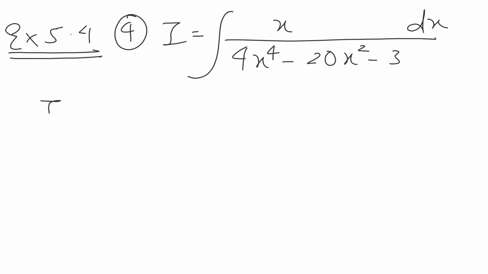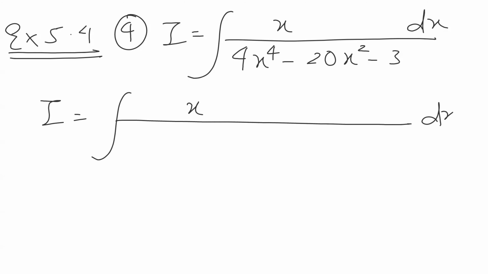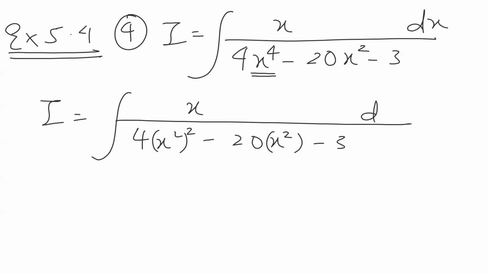The first adjustment: x raised to 4 can be written as x square the whole square. Let this be equation number 1. Now put x square equal to t.